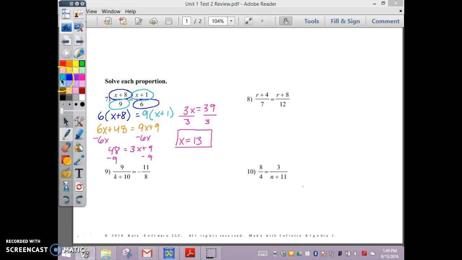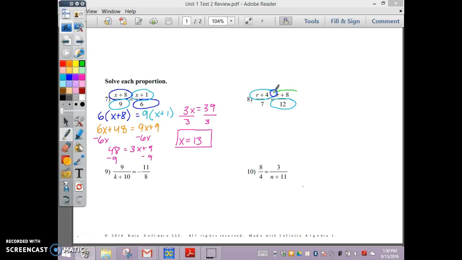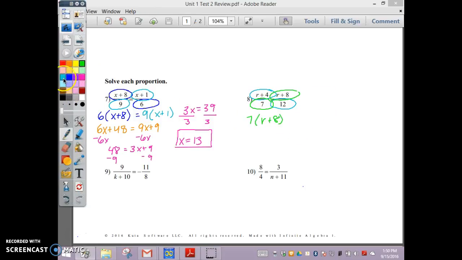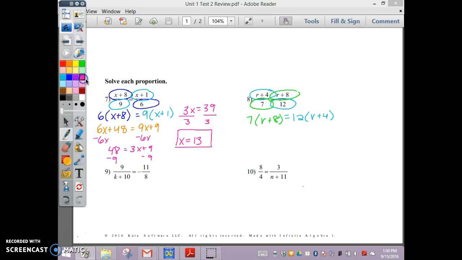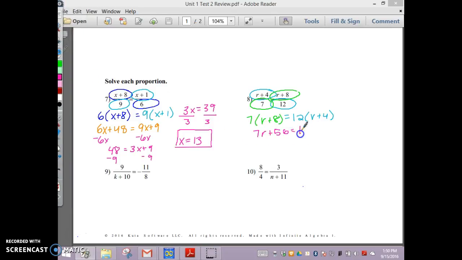Okay, 8. Same thing, cross multiply. So numerator times denominator of the other fraction equals numerator times denominator of the other fraction. So 7 times r plus 8 is equal to 12 times r plus 4. After I distribute, I get 7r plus 56 equals 12r plus 48.